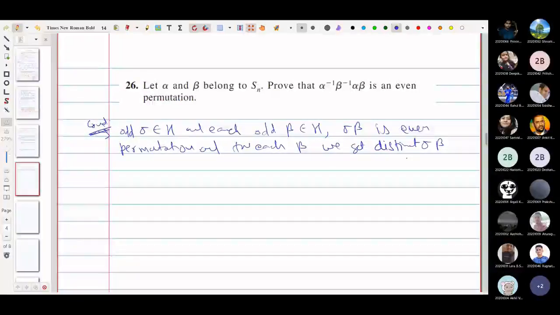Otherwise, because of the cancellation law, if sigma beta 1 equals sigma beta 2, then because sigma is the same and H is a group, this will be cancelled and we have beta 1 equals beta 2. So this is not possible. So for each distinct beta 1 and beta 2, we are going to get distinct sigma beta 1 and sigma beta 2.